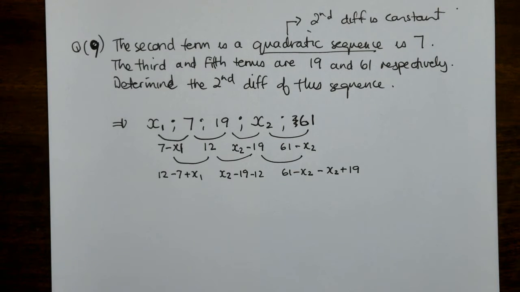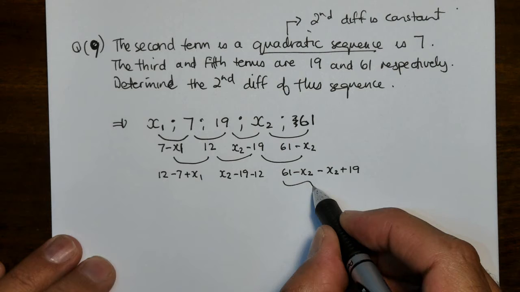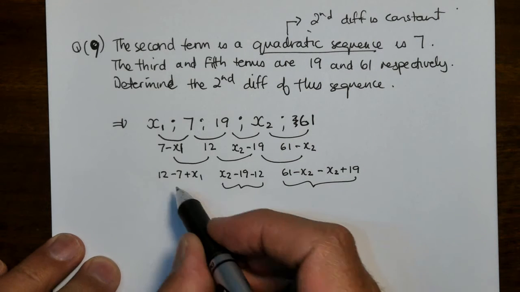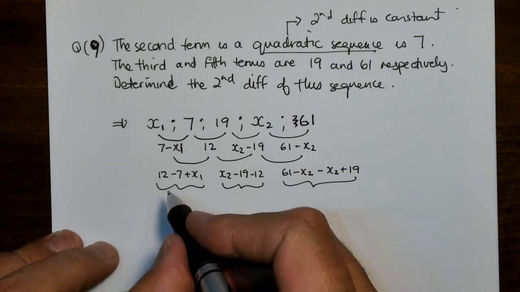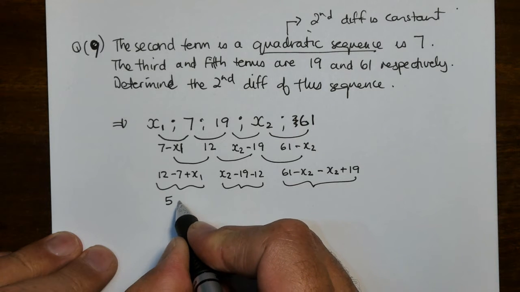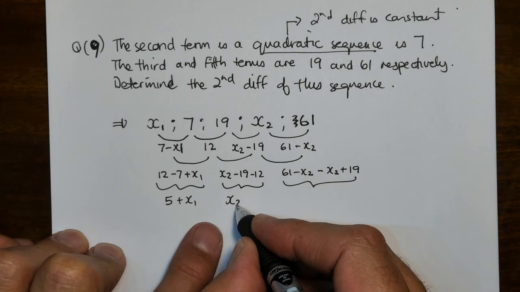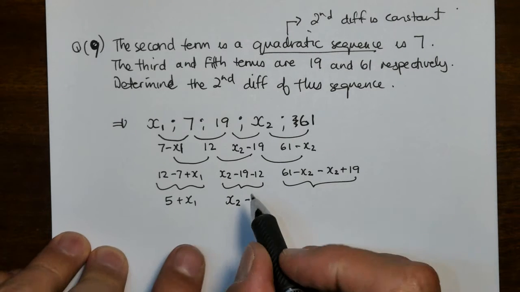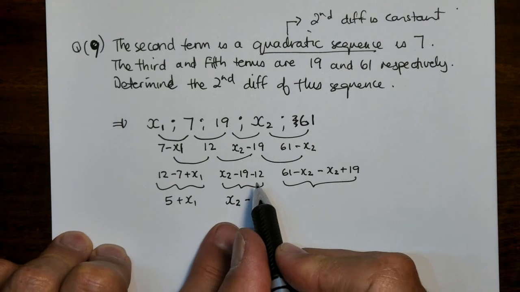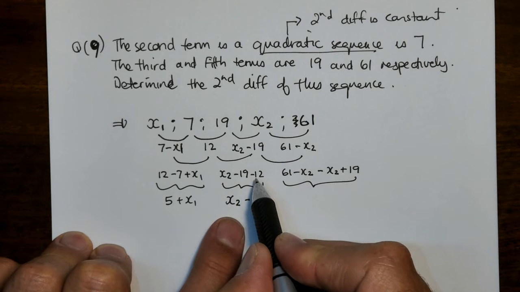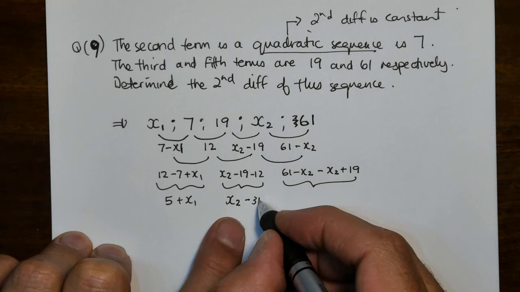Okay, so if I clean the third one up and I clean the second one up, and actually I can clean the first one. So this is 5 plus x1. This here will be x2 minus, now remember you've got to take 19 and you've got to add 12 to it. That's 31.